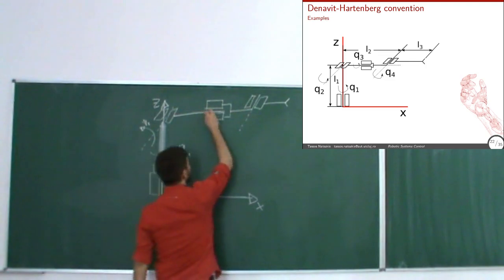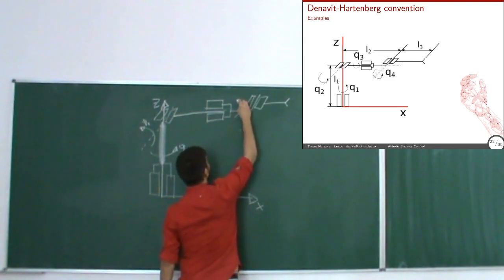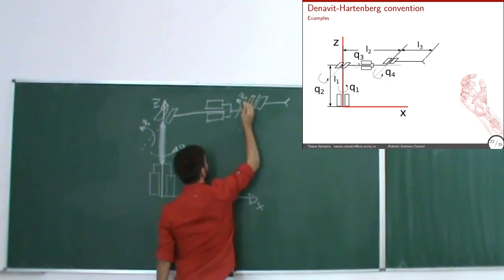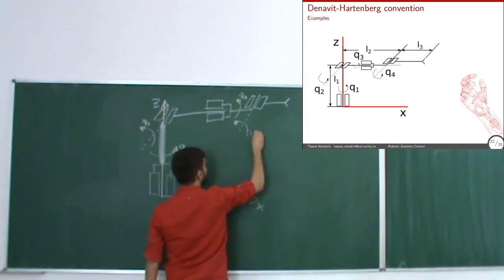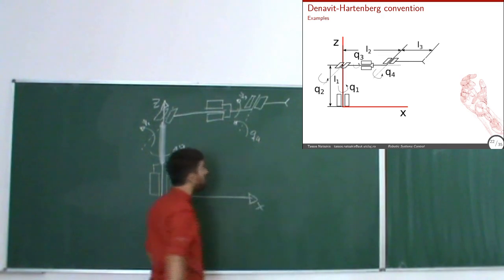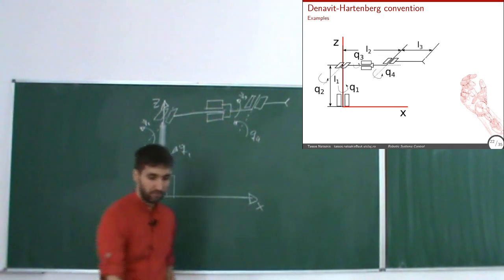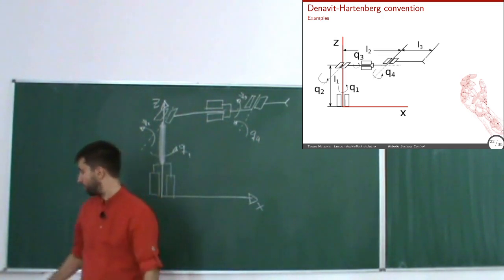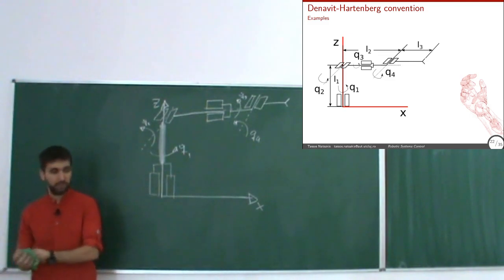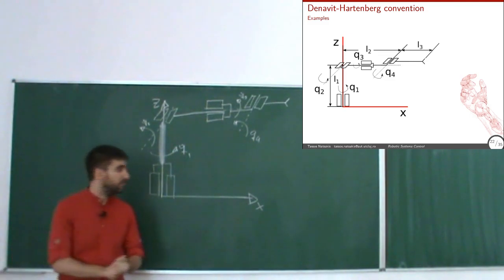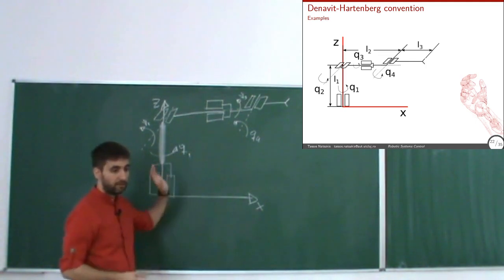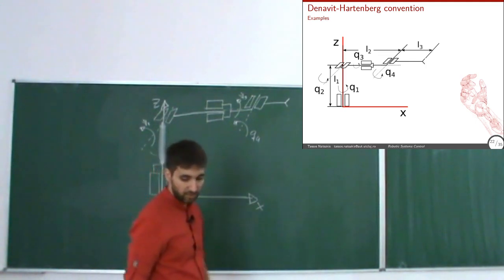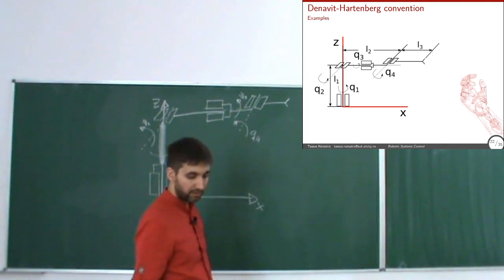Third joint horizontal, Q3, and Q4 again along this direction. So I have my fixed frame and I want to find out what's the direct geometric model of this using the Denavit Hartenberg convention.